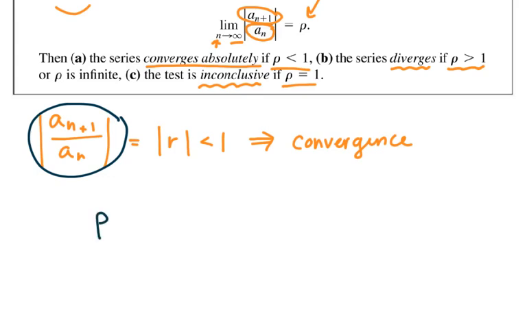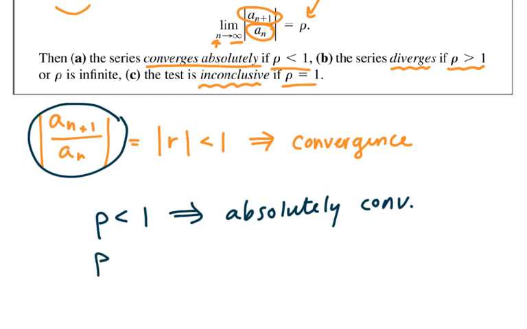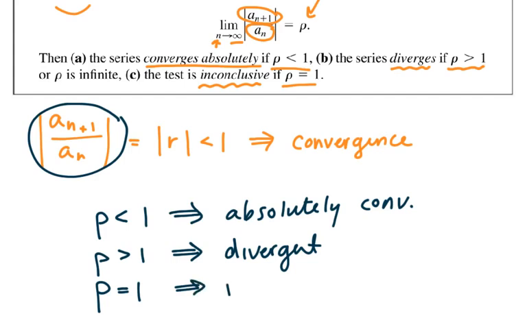If rho is less than 1, we say absolutely convergent. If rho is greater than 1, we say divergent. And if rho equals 1, we cannot draw a conclusion, inconclusive.